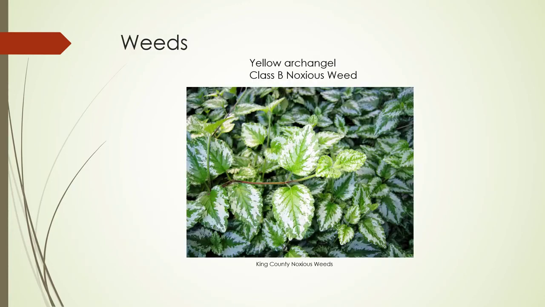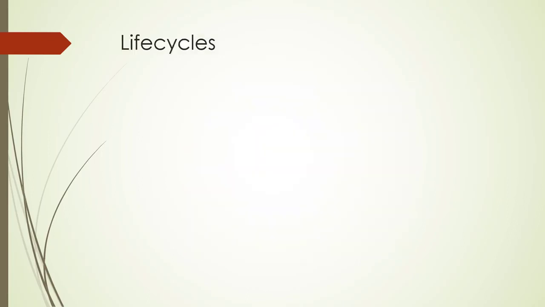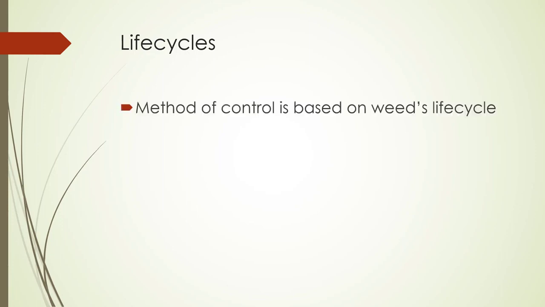Okay, so some pests are weeds. Here we have yellow archangel, which is a Class B noxious weed in Washington State. When you talk about managing weeds, you have to talk about their life cycles.